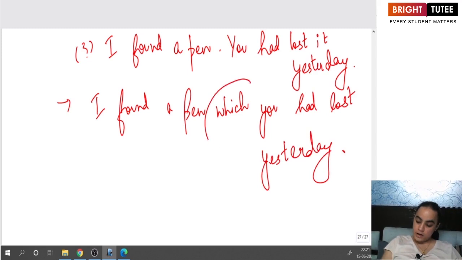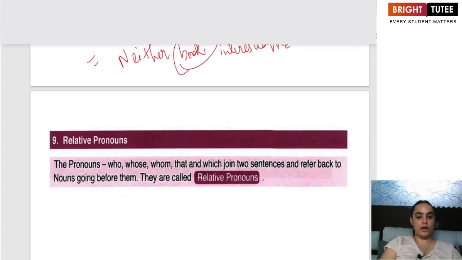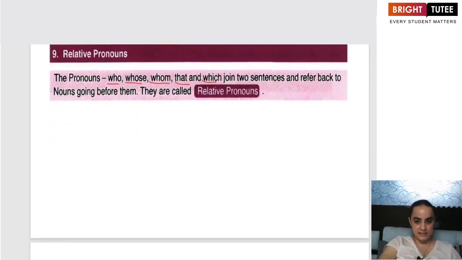Here, my relative pronoun which is used for the noun before it, which is the pen. So, dear students, the relative pronouns are who, whose, whom, that and which. These are the 5 relative pronouns. These relative pronouns are used to join two sentences and they are going to refer to the noun which was used before it, as we have already seen in the example.